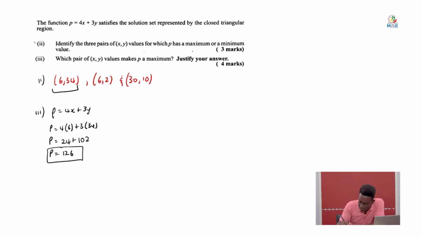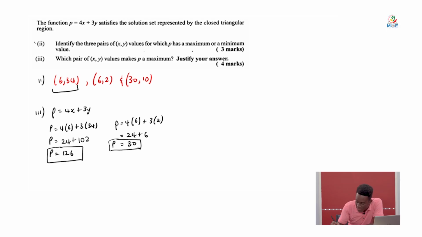Next one, P is equal to 4 times 6 plus 3 times 2. So 4 times 6 is 24 plus 3 times 2 is 6. So P is equal to 30 here.